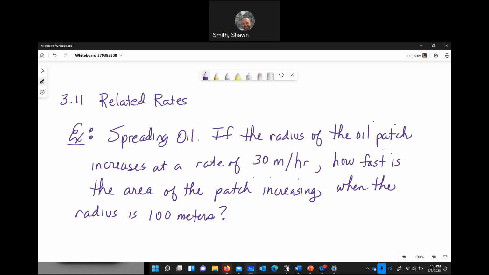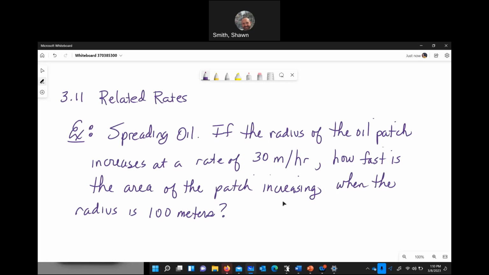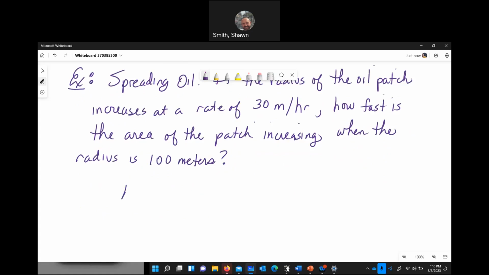So we have the area, right? At some time t is what we're looking for, right? How fast is the area of the patch increasing? So pretty much you can assume it's going to be a circular nature, right?